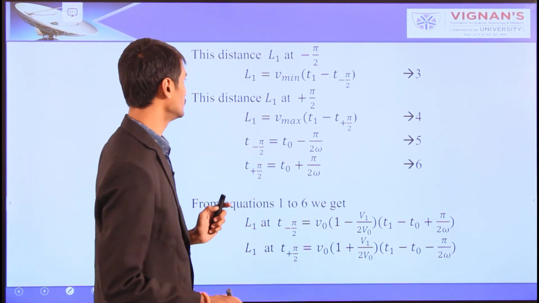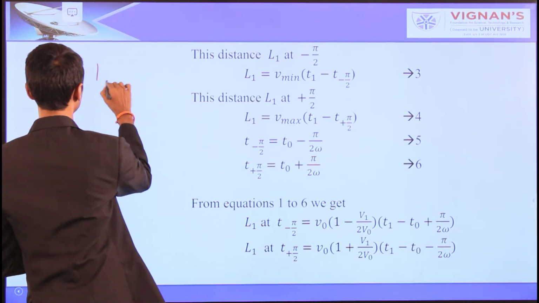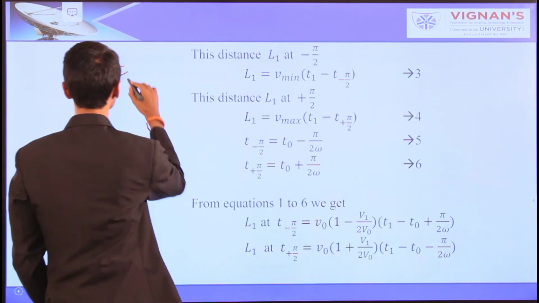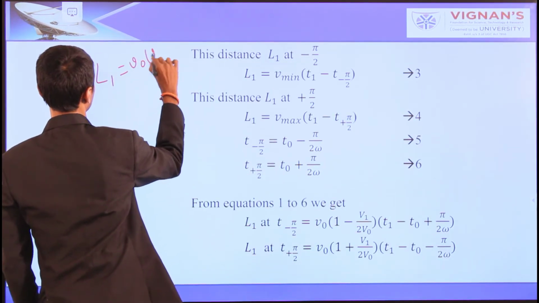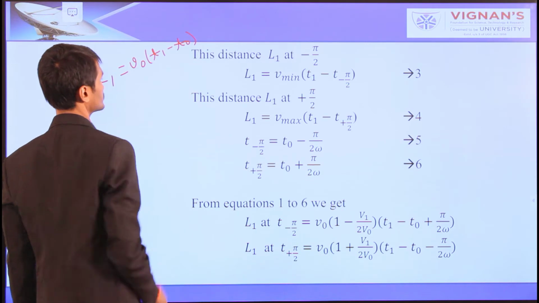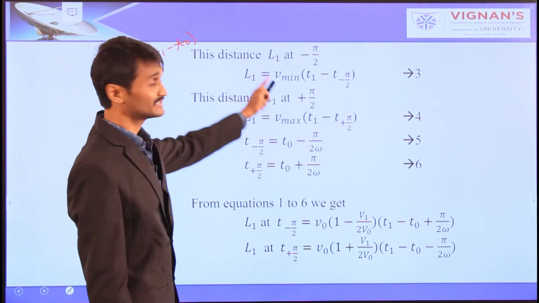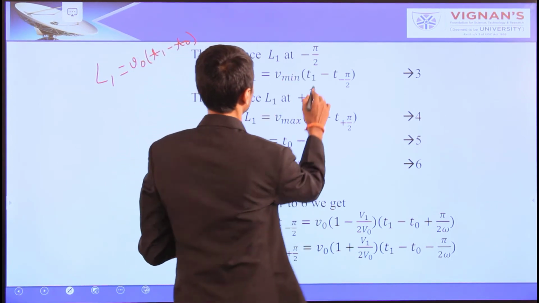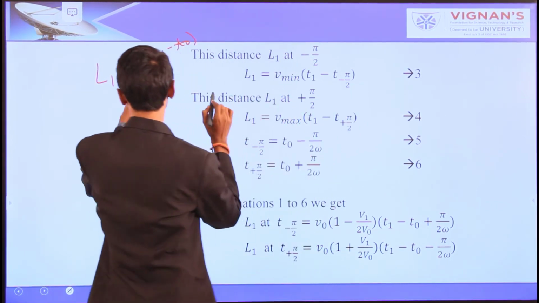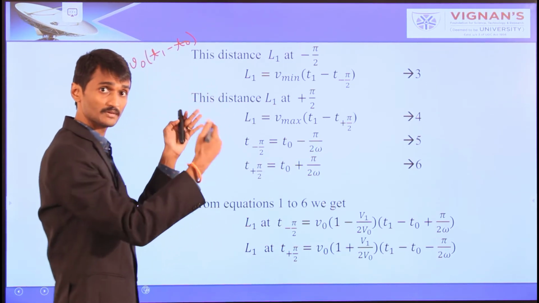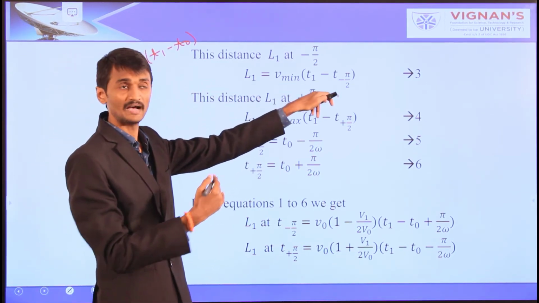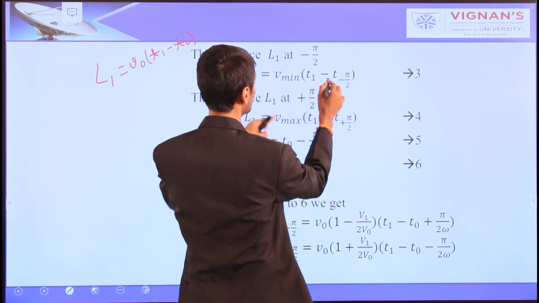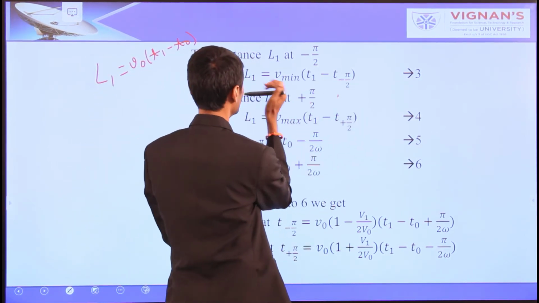We already have L1 equal to V0 into (T1 minus T naught). Now L1 at minus pi by 2, that means at T at minus pi by 2, V becomes V minimum, as we have already seen in the expressions. So V0 becomes V minimum, and it is T1 minus T at minus pi by 2, that is L1.